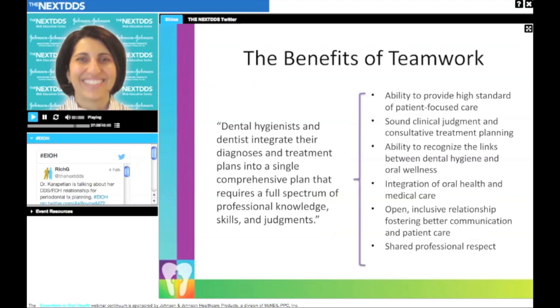So I am a huge believer in teamwork, whether it's teamwork within my team or teamwork within the whole dental scope, the whole dental family, if you will, that the patient belongs to: the restorative dentist, the orthodontist, the oral surgeon. And I am in constant contact with them. When I say I, it's not just I, it's myself, my hygienist, my office manager, my implant coordinator, whomever it is.